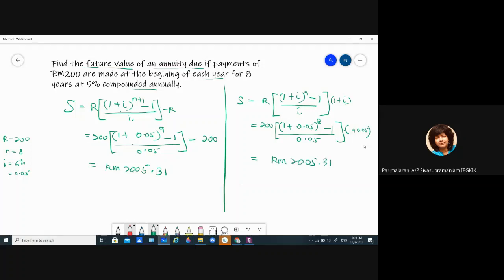So you can use either formula. This question is very clear because they told you what annuity it is and what you have to find. So you just have to put in the formula and substitute. Okay, let's go on to the next question.